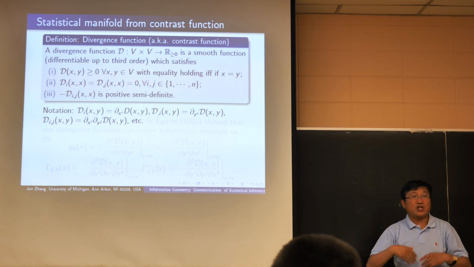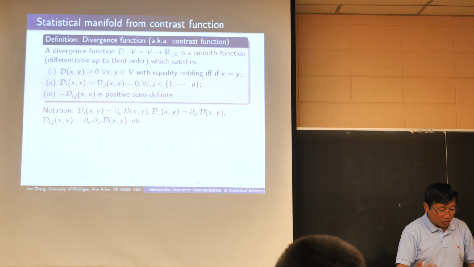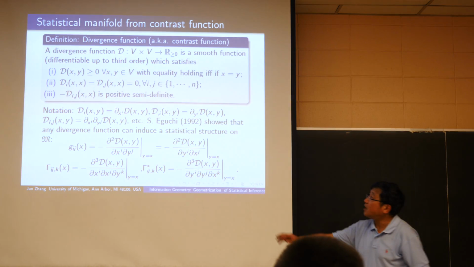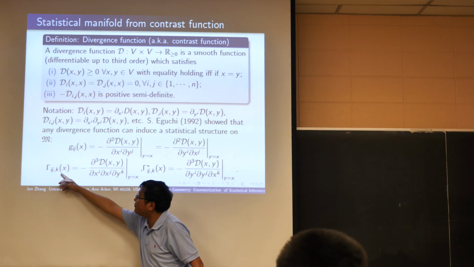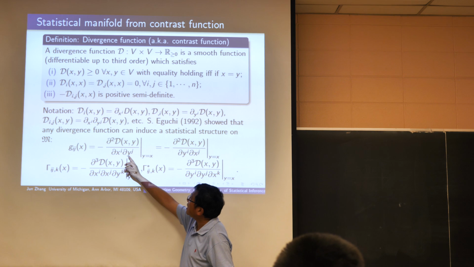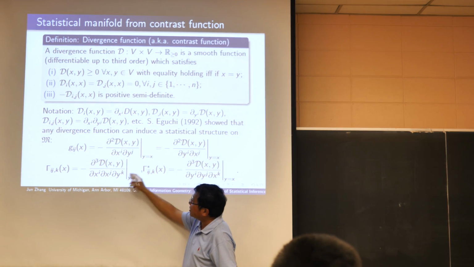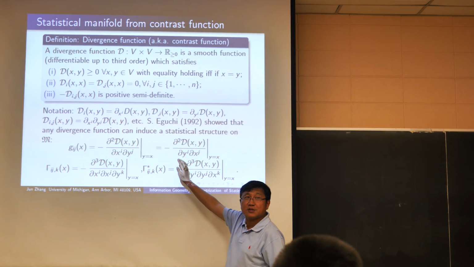Okay, so here is the slide that I promised about how a statistical manifold can always be generated by the so-called contrast function. For any general divergence or contrast function, you can perform this. The second derivative gets you to the Riemannian metric, and the third derivative gives rise to the pair of affine connections. So here is the divergence of x and y, and then let y equal x. It turns out to be the same as the derivative in yi xj. It needs some proof, it's not automatic.